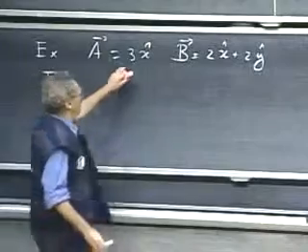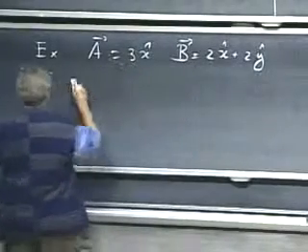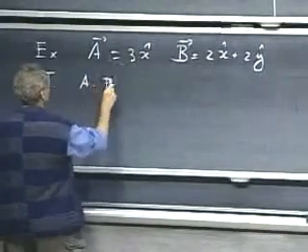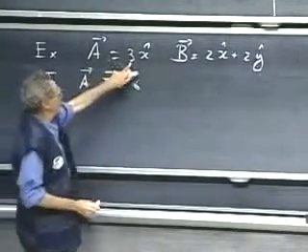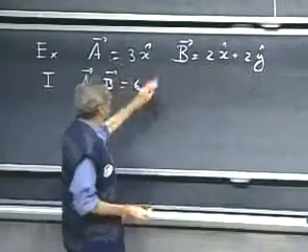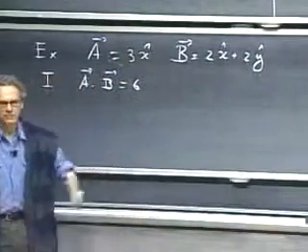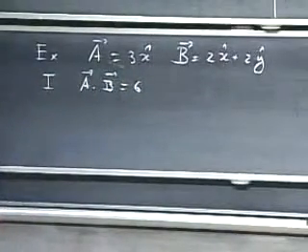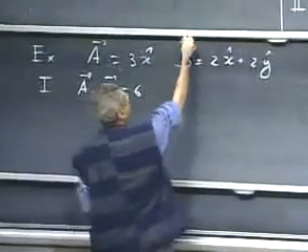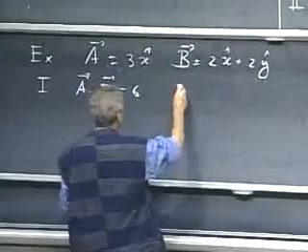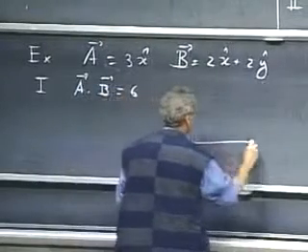AX is 3 and BX is 2, so that gives me a 6. There is no AY, there is no AZ, so that's the answer. It's just 6. That's the dot product. You could have done it that way. It's a little bit more complicated, but I certainly want to show you that it works.